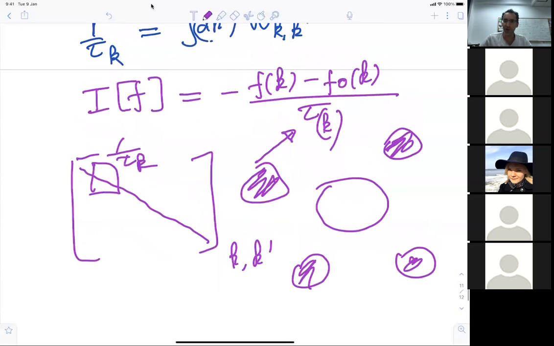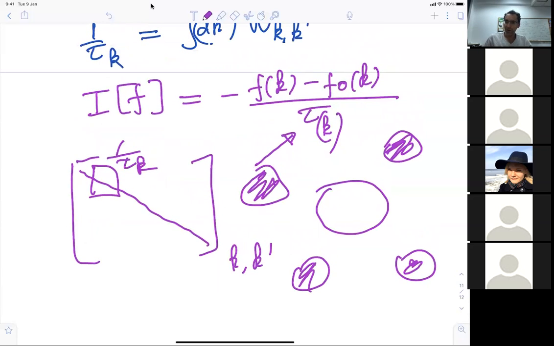So what this approximation tells you is that for any particle with momentum k, there is a relaxation process as a result of impurity scattering. And therefore there is a part in the equation that tries to bring the system back to the equilibrium solution at the rate 1 over tau transport.